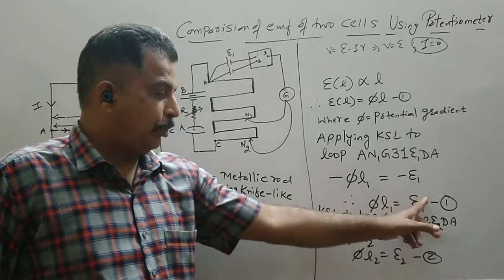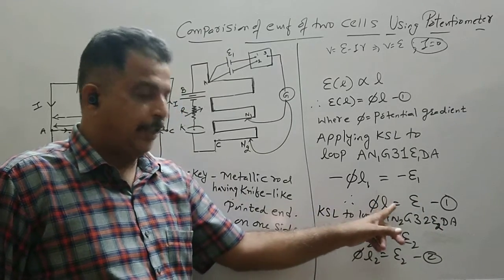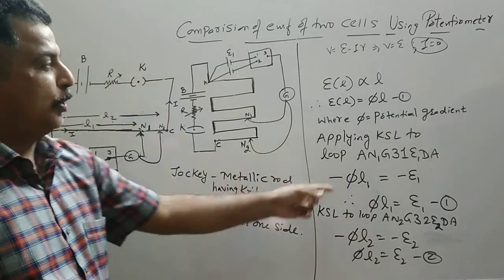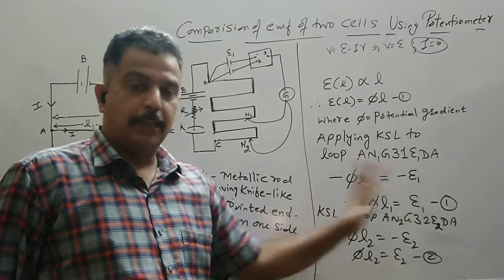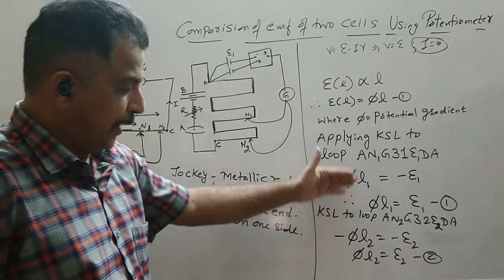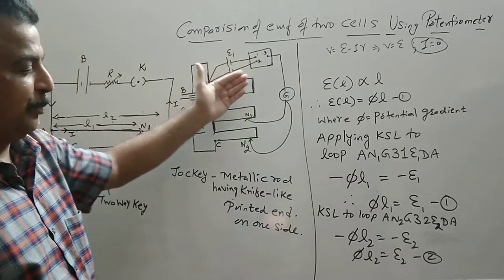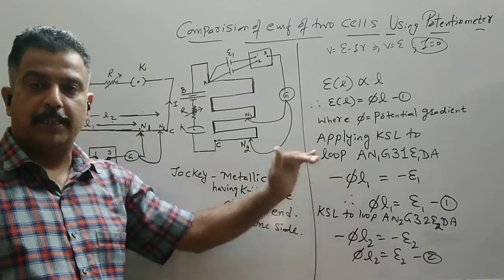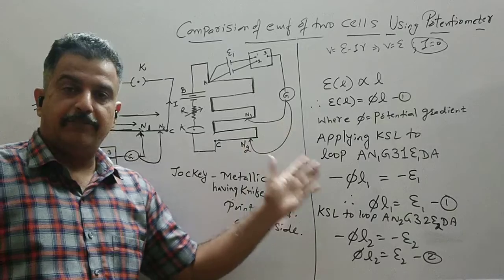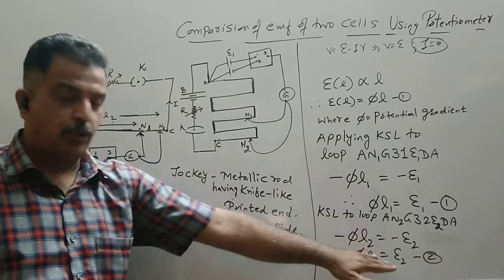So the EMF of the cell is equal to the potential gradient into length, and no current is flowing through the cell. But because we are comparing, we did the same steps twice, by connecting the E1 battery first and then the E2 battery second.